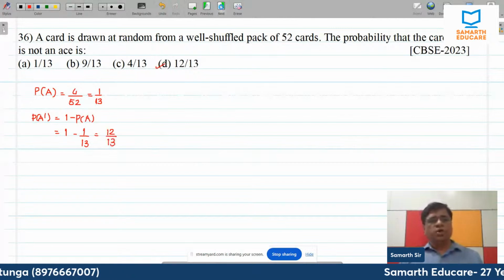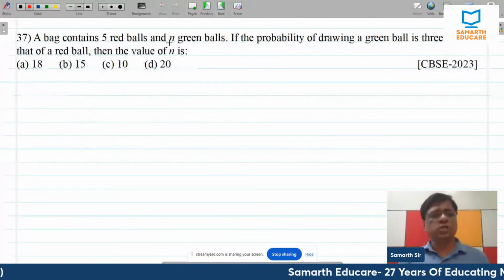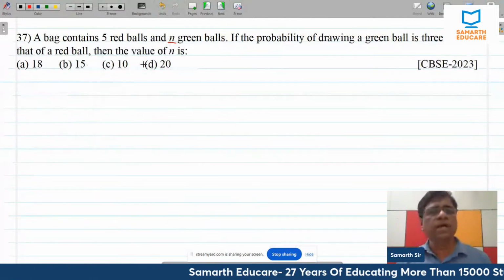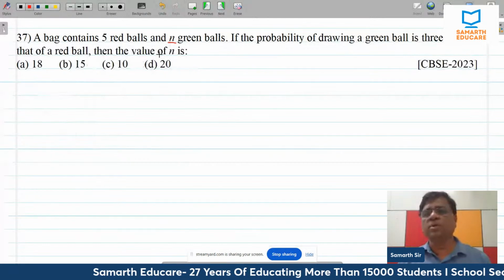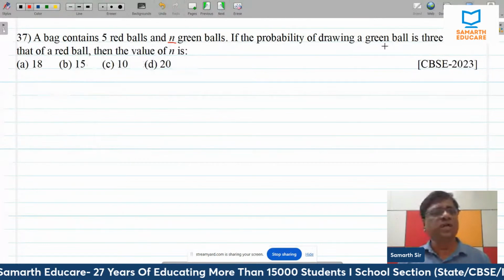Okay, this one has an unknown value n and a probability given. The bag contains 5 red and n green balls. The probability of drawing a green ball is 3 times the probability of drawing a red ball.